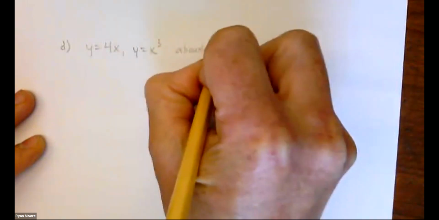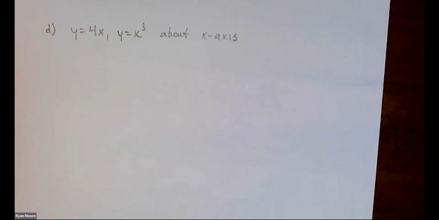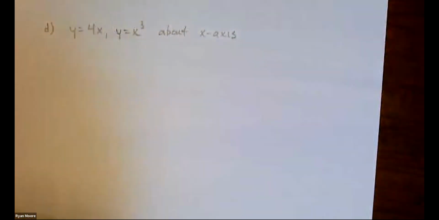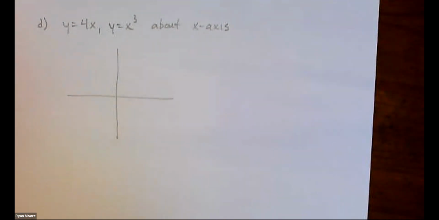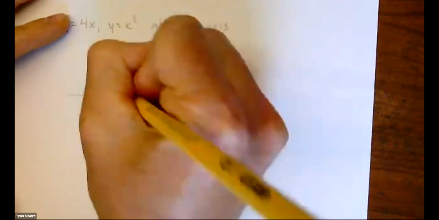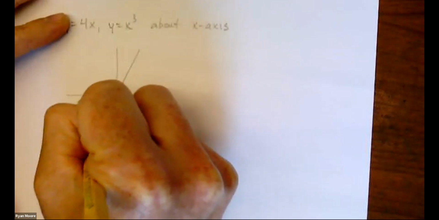about the x-axis. So first thing we want to do is start by graphing those. You may want to do this in Desmos. I'm just going to go ahead and give you the graph on paper here. Y equals 4x, we saw that before. Passes through the origin, something like this.